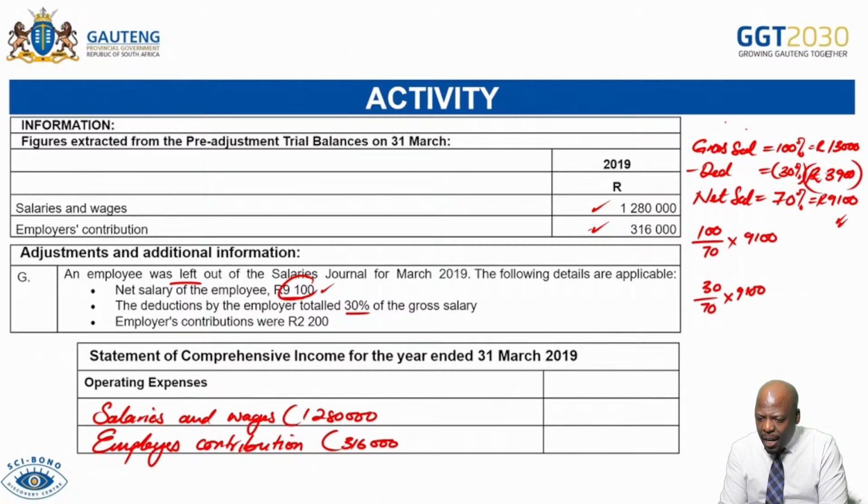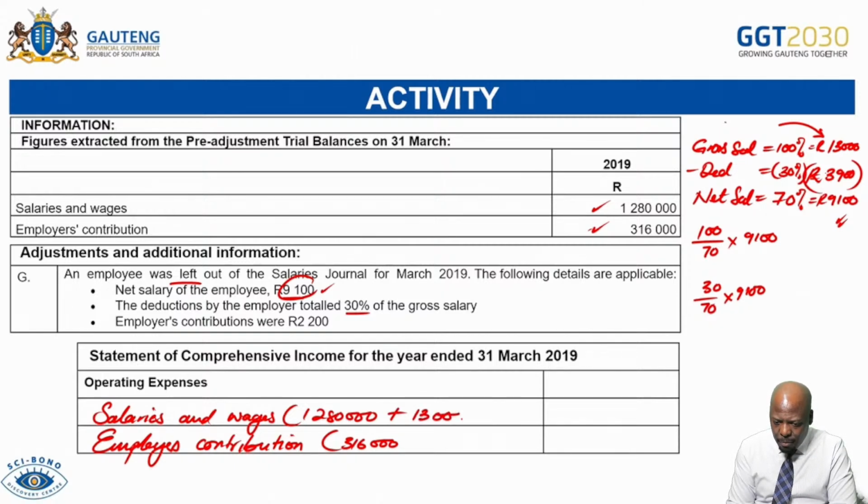So I would take my gross into my income statement. So I'll come and say salaries and wages, I'm just going to say plus 13,000. That's it. All right. Someone is saying, but what if I was going to record them separately?